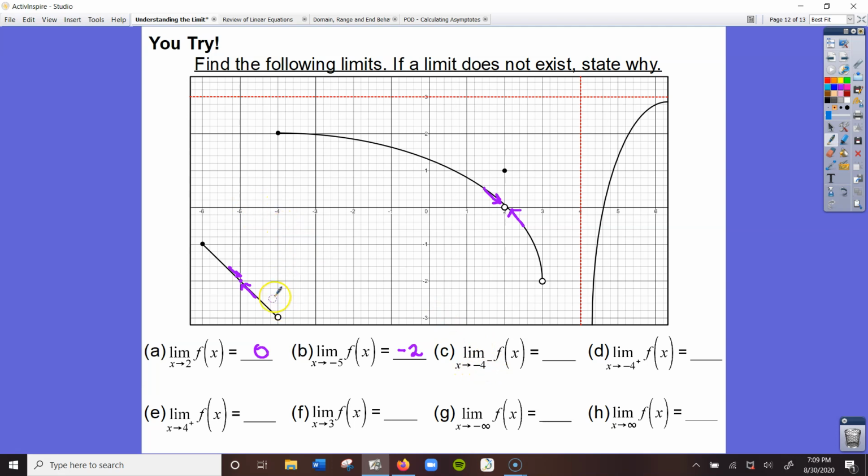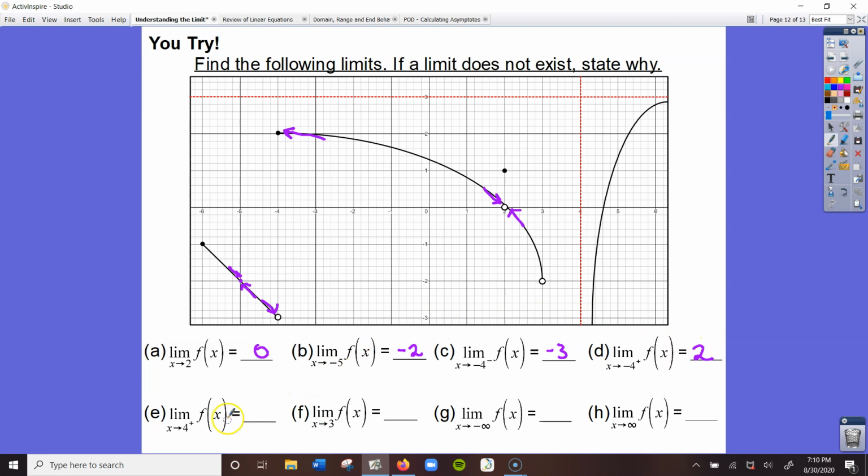Here's negative 4. From the left is right here, and we're going towards y is negative 3. Moving on to D, we're finding the limit as x is approaching negative 4 from the right. From the right, it seems to be going towards a positive 2.